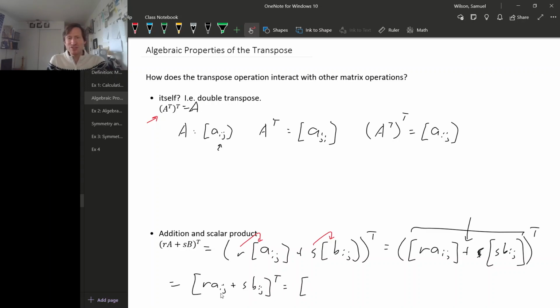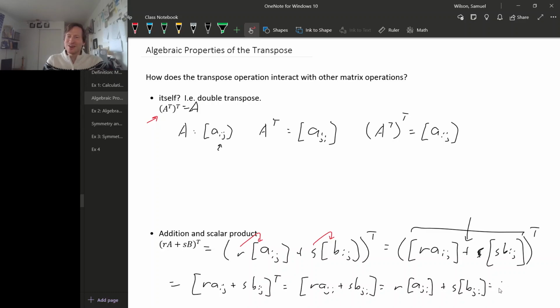And the transpose just switches the indices. So now it's R Aji plus S Bji. And then, just like we put all these matrices together into a single matrix, we can now tear them back apart. And this is R Aji plus S times Bji.